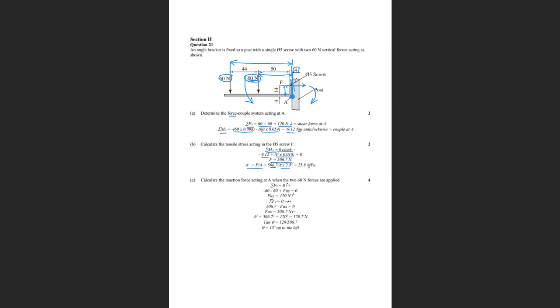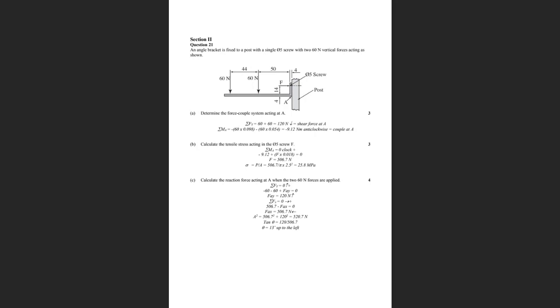And so it's 25.8 megapascals. Okay, now I'll just get rid of all these annotations because we've got to do question C, which gave most people a bit of grief, but it's not that difficult.